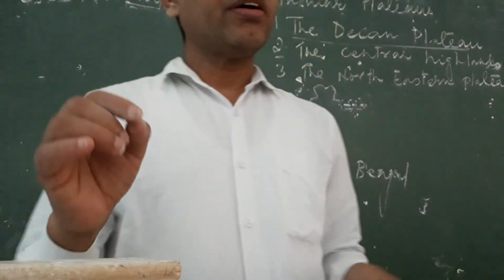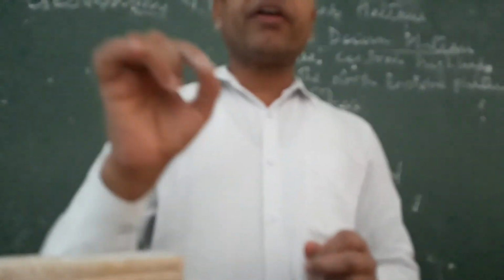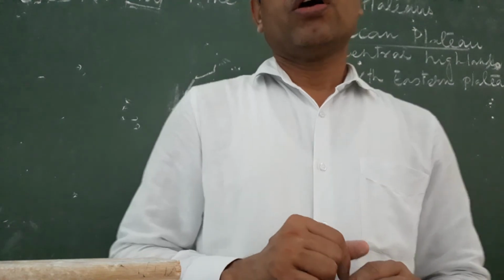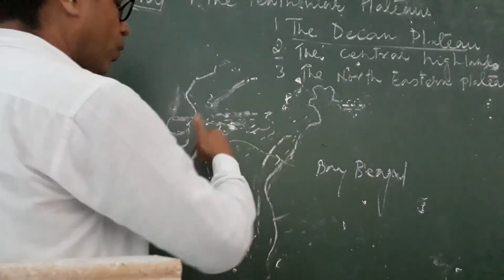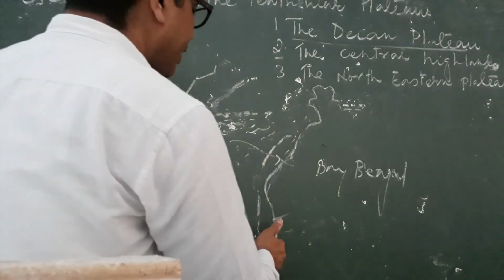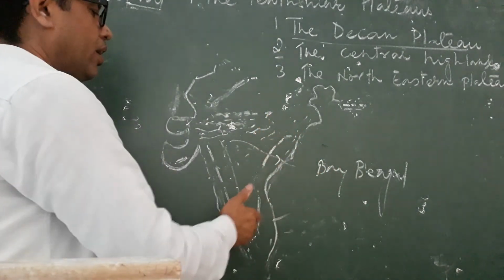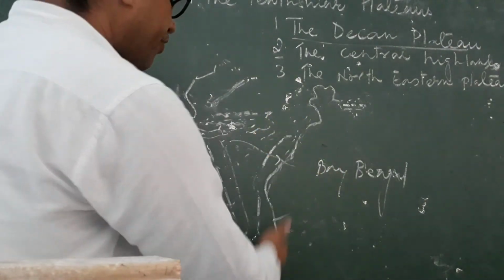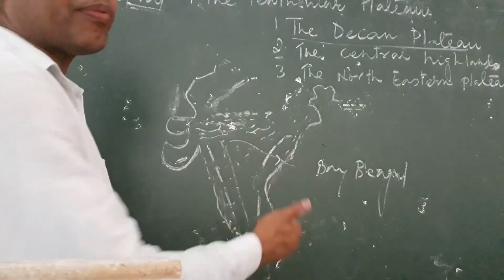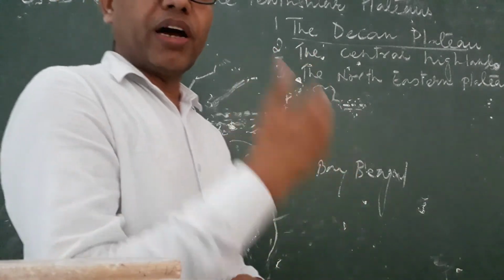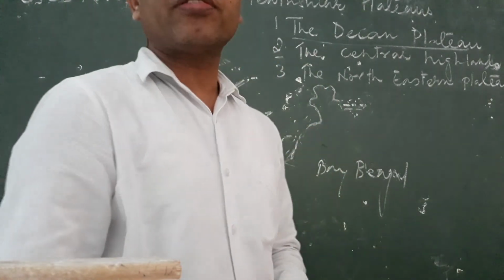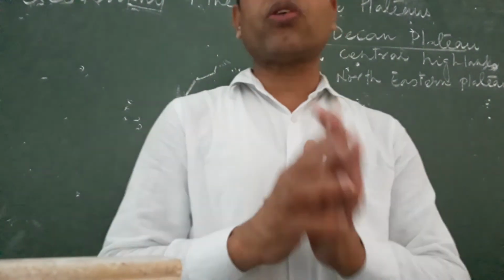Its height is about 1501 meter. So Eastern Ghats are discontinuous, lower than Western Ghats, dissected, broken, and known by different names in different regions.